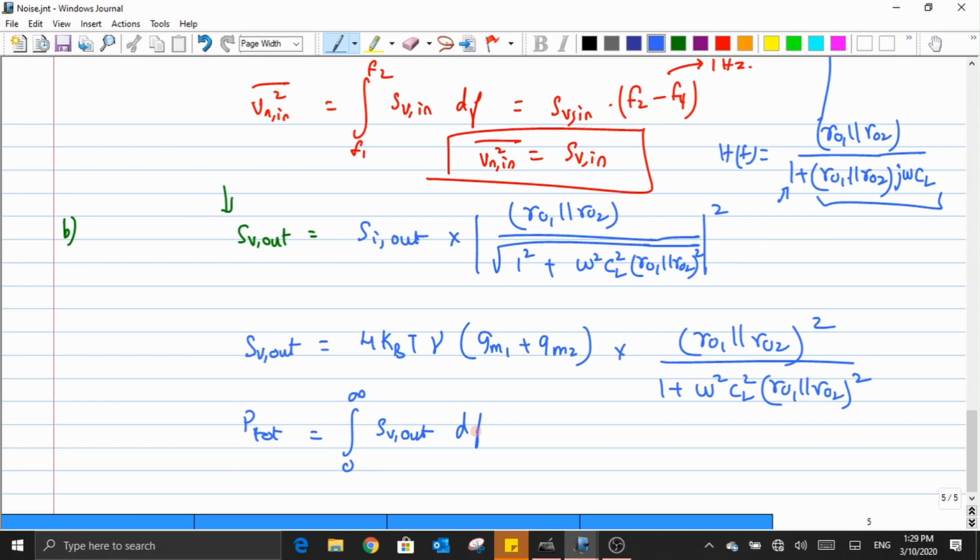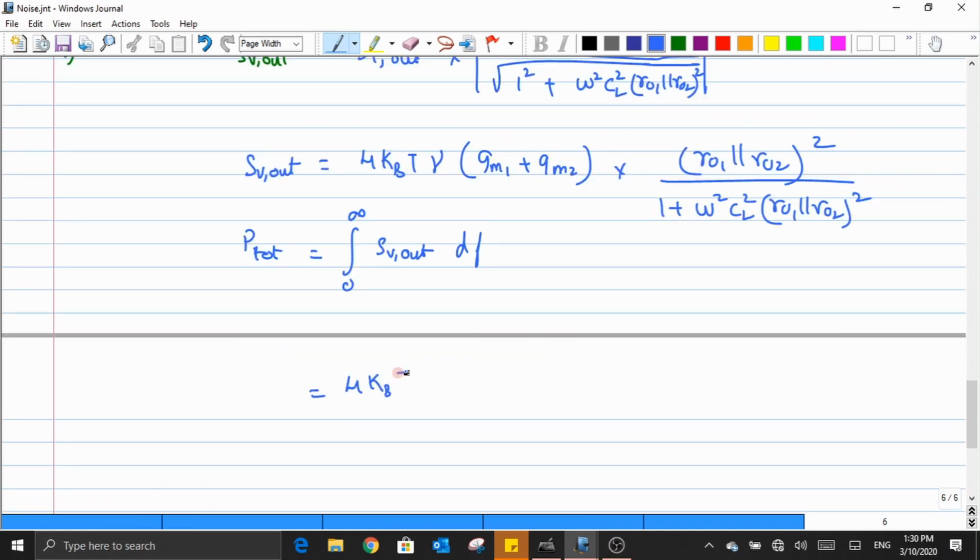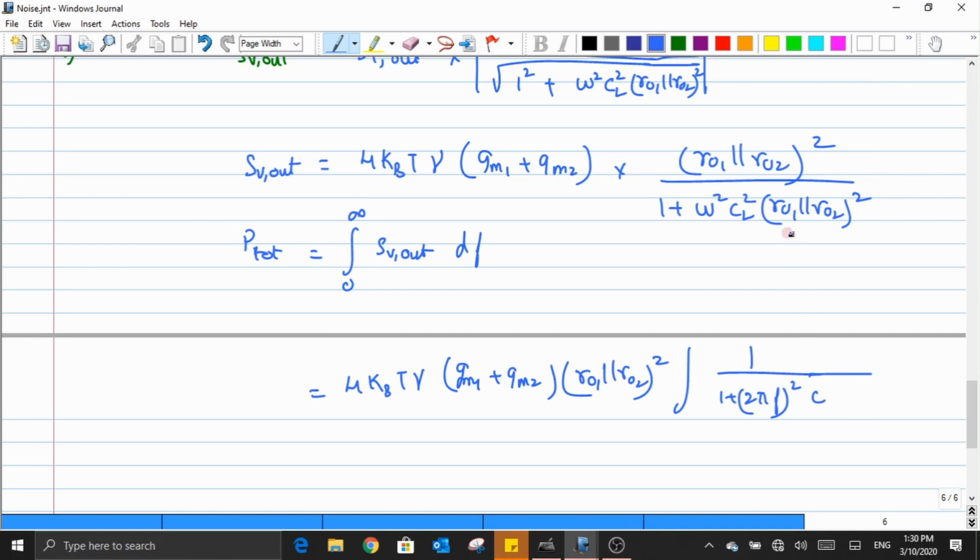Obviously, the first term never depends on any frequency, so I can pull it out. Even this numerator can be pulled out. The only thing that is dependent on the frequency is this particular term. Okay, so rather than writing it as R_o1 in parallel with R_o2, I just use a capital R here, equivalently.